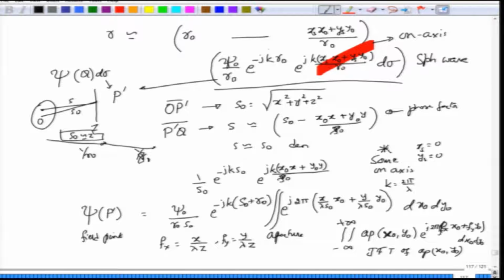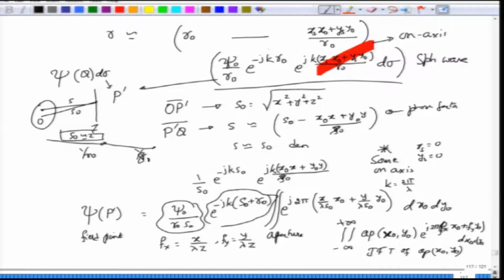So, in order to calculate the field at the point P, if you neglect all these constant phase factors, and if you also assume that this 1 by r0 s0 is very well known, then what you have is the inverse Fourier transform of the aperture. This gives us a nice starting point for understanding diffraction from different apertures.